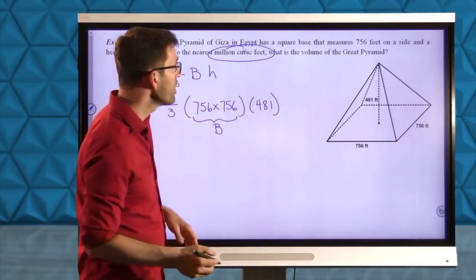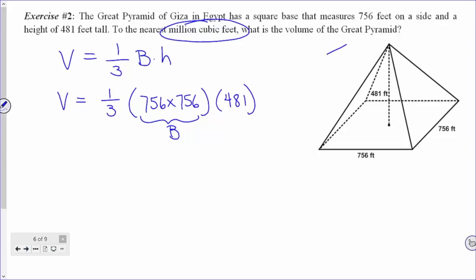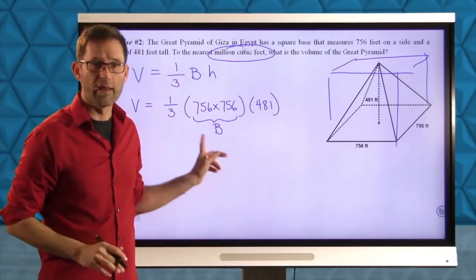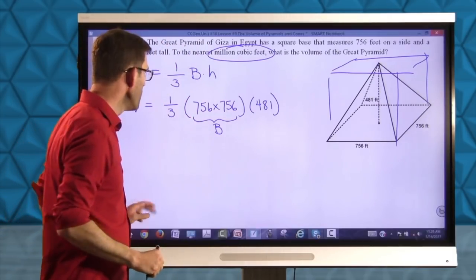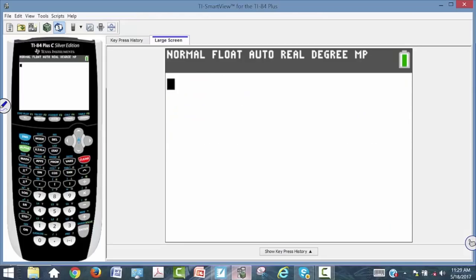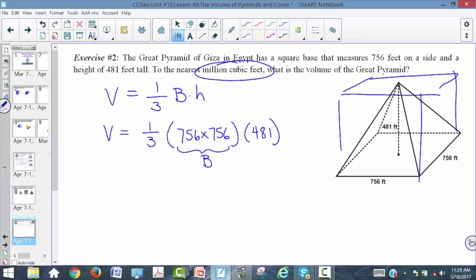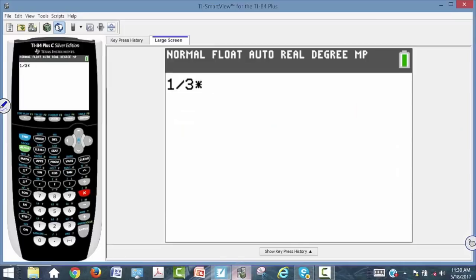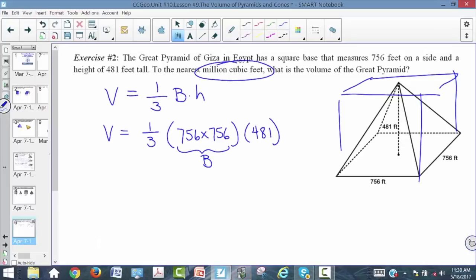Forgetting the 1/3 really would mean that we were then calculating the volume of that prism, right? But we don't want that. We've got to have the 1/3 in there, but whatever, that's easy enough, right? We could do 1/3 times 756 times 756, or times 756 squared, times 481.